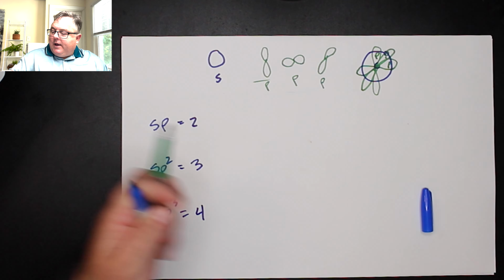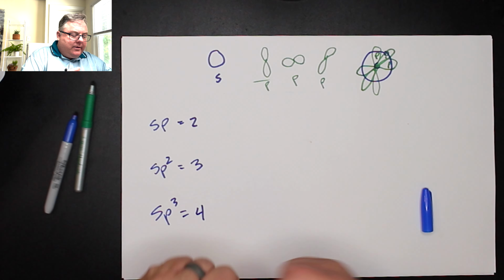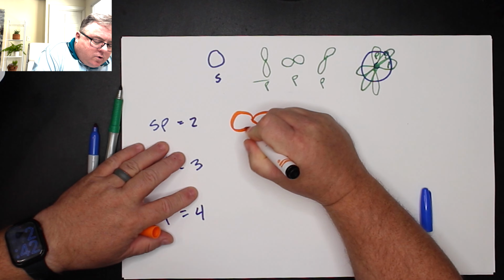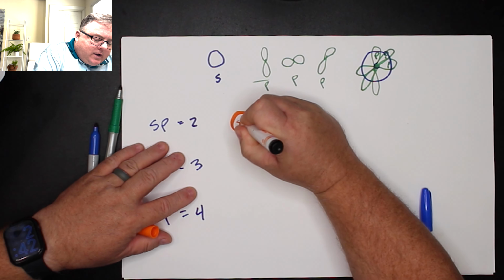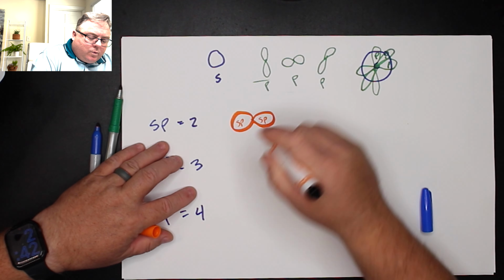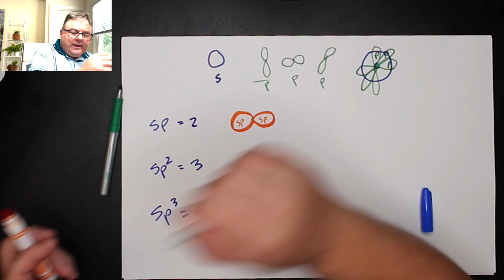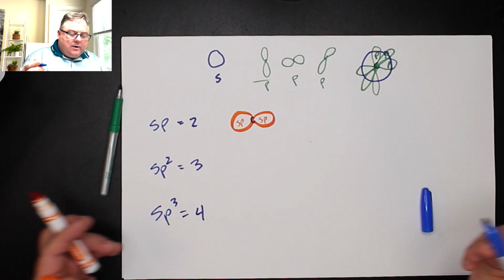When we get 2 sp hybrid orbitals, let's mix them together with orange. We get 2 lobes. One of the sp hybrid orbitals points one way and one points the other way. These electron clouds get as far away from each other as they can. So this might be on one carbon atom. And I'm always mixing an s with my p orbitals.